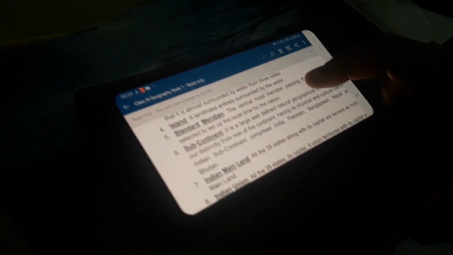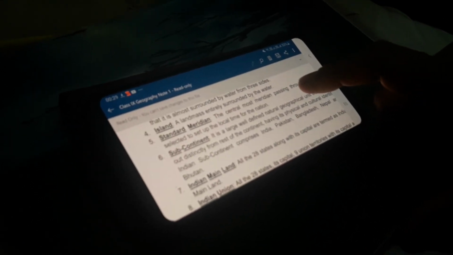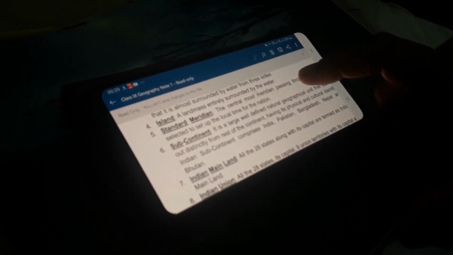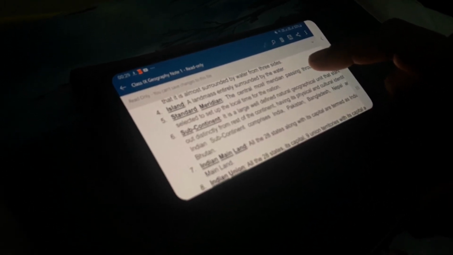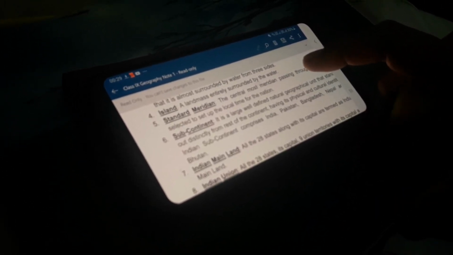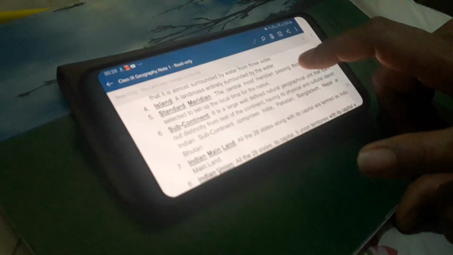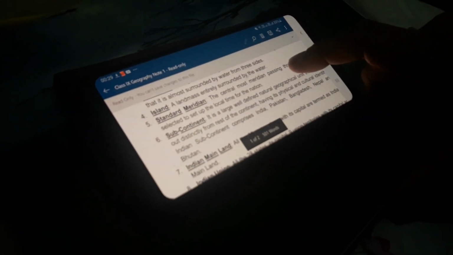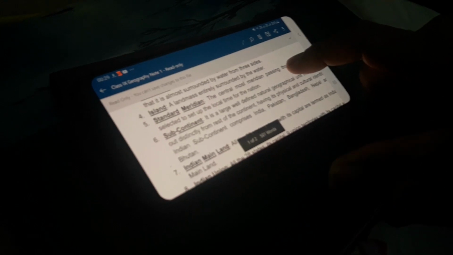That means all the places where the watches show 12 noon are connected by one line. That is why it is termed meridian. The places having midday at the same time, connected by a line running from north to south, is termed a meridian.